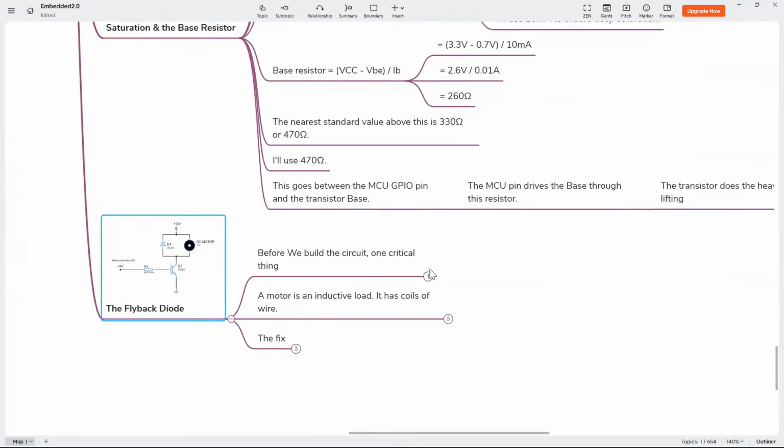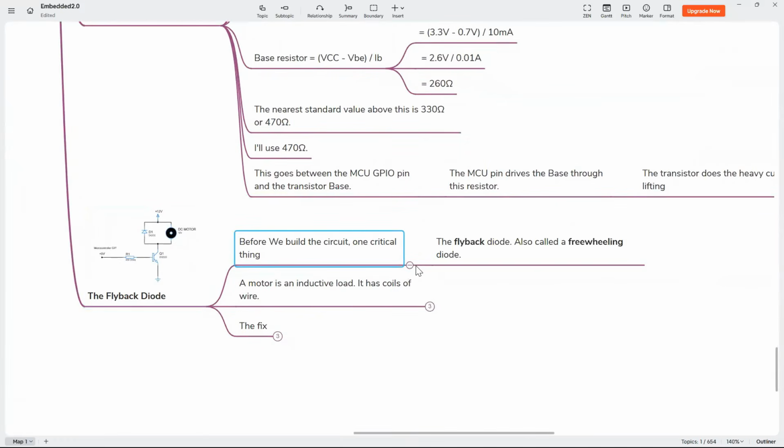Why? Because before we build the circuit, the flyback diode is very, very important whenever you are working with motors and coils, especially if you are using transistors. So what is a motor? We all know a motor is nothing but an inductive load because there is a copper winding inside. Inside the motor, the magnet and copper are what it is all about.